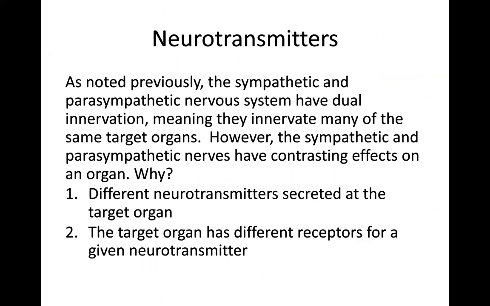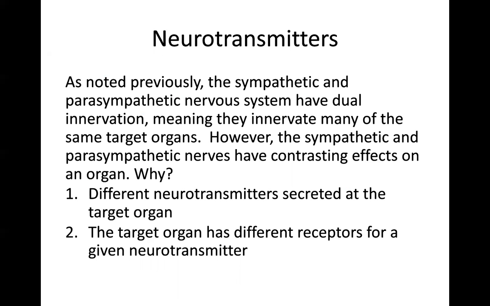As noted previously, the sympathetic and parasympathetic nervous systems have dual innervation, meaning they innervate many of the same target organs. Not all organs, but things like your heart and your stomach typically have signals coming from nerves of both the sympathetic and the parasympathetic nervous system. So how do these two nerves produce contrasting effects on the organ?